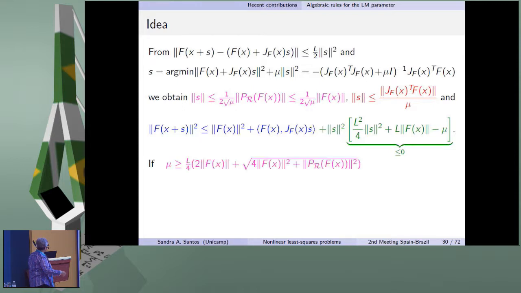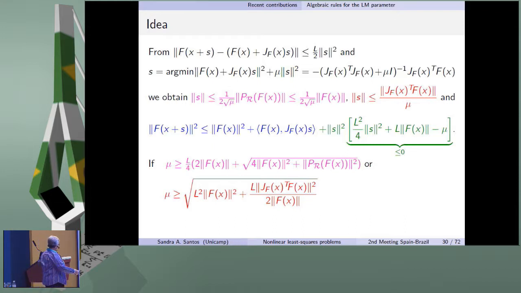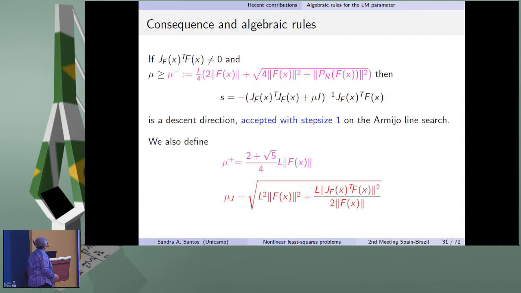We obtained this lower bound for mu based on this condition, and also this other bound based on this condition here. And every time we take mu greater than one of these two values, for sure this inequality is obtained. And here, because we will have descent, this is non-positive also, so we are decreasing the objective value.